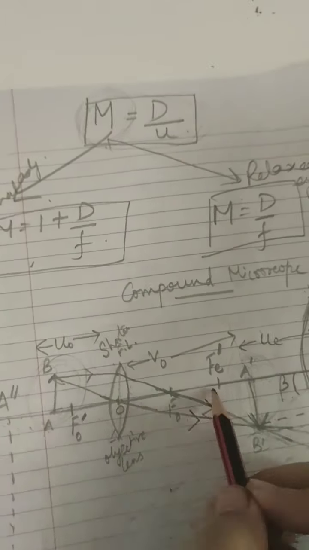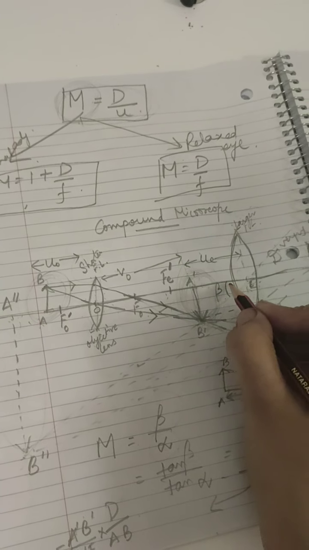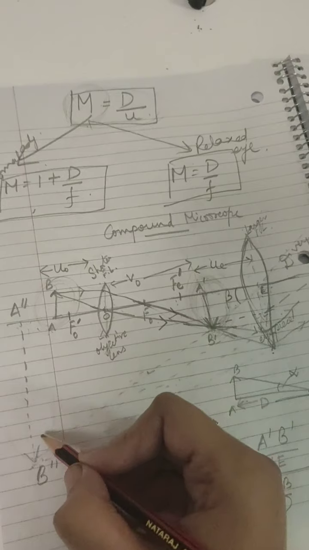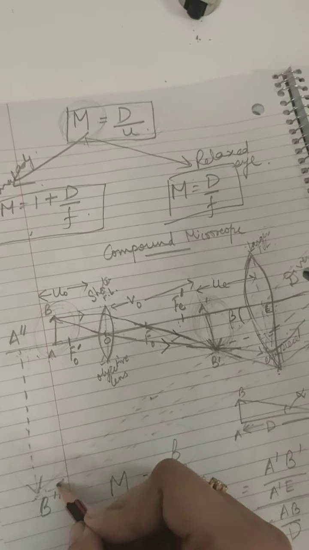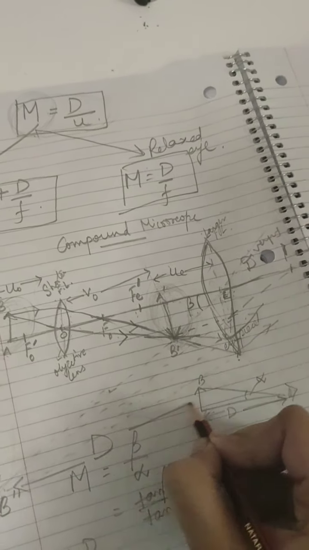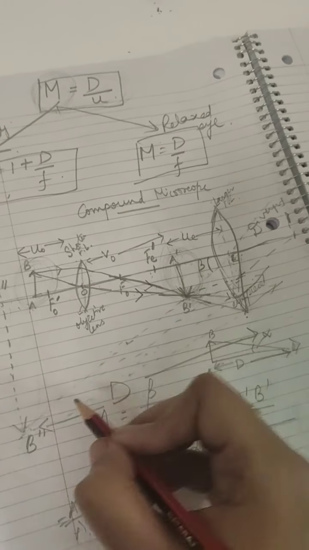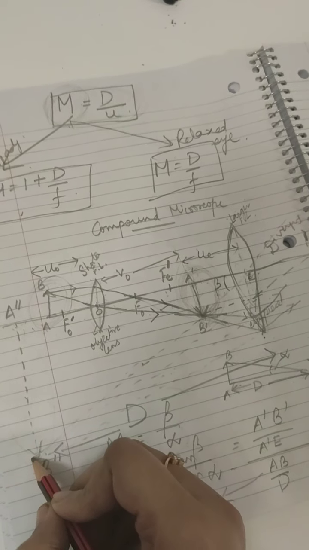For normal adjustment or for maximum magnification, I want the final image to be seen distinctly. Where should this be formed? How should I shift the lens such that the final image is formed at the least distance of distinct vision, at D? Because the eye is very close to the lens, I am writing D from the eyepiece to the final image.